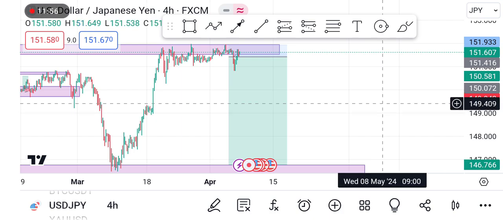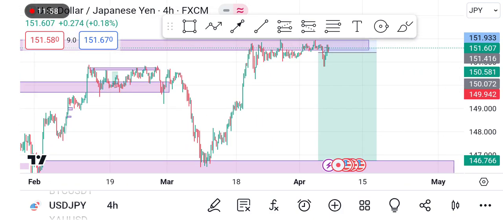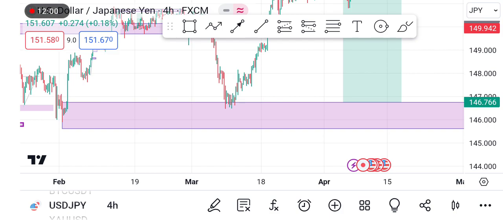So that's the analysis. This year as retail traders, we consider levels of support and resistance. We consider breakouts. We consider retests as well.